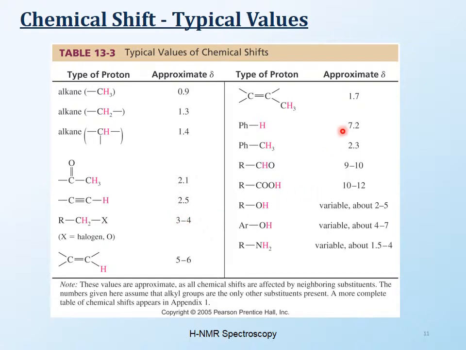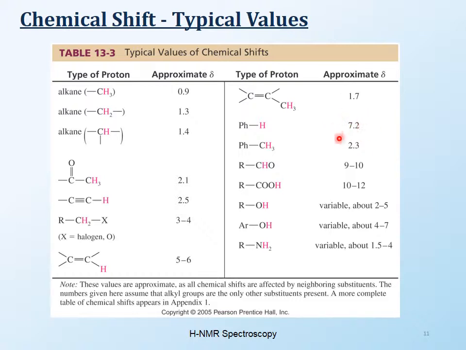Then going along with the aromatic, aromatic protons come at 7.2, and really this is a very key thing in determining if you have aromatic protons or not. No matter what you have on your aromatic ring, they will come around 7.2, 7.6. So it's really very easy to tell that you have benzene rings in there.